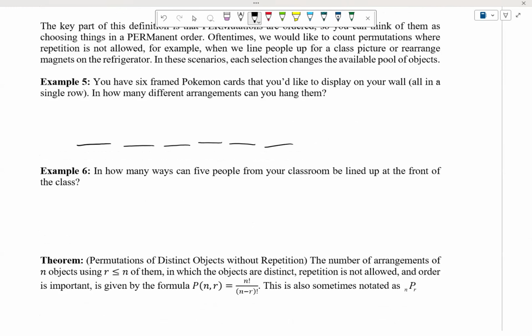Then the first space, what number would go there? 6. The second one? It's 5 because you used one of them already. And then the next one, of course, 4, 3, 2, and then you have no choice for that last one. So this could be expressed as 6 factorial. That's how many ways to rearrange 6 different items.